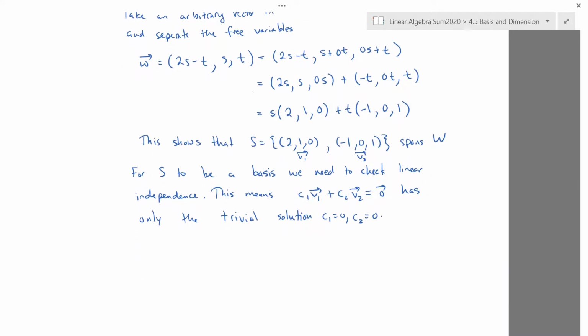Okay, so we can check this by just setting up the system of equations with these as column vectors, right? So 2, 1, 0 and minus 1, 0, 1 is equal to the 0 vector. This was V1, this was V2.